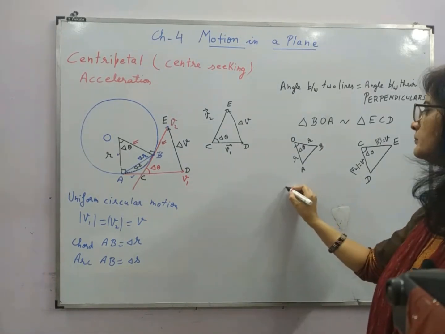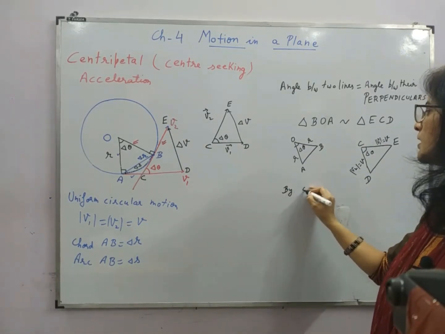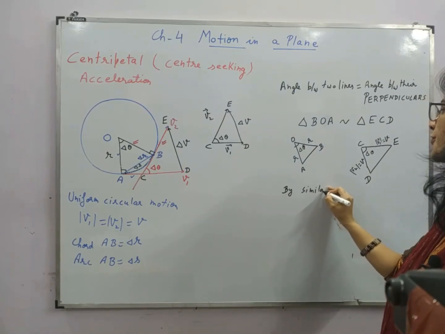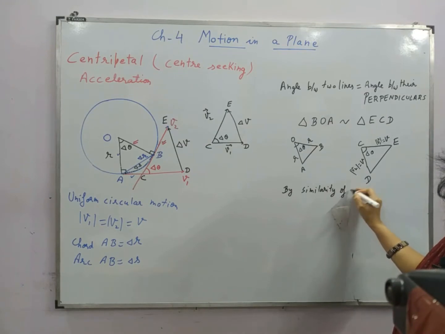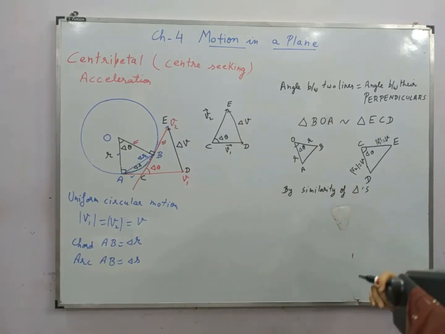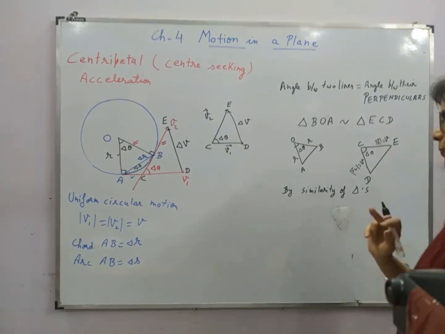So by similarity of triangles, I can write that the sides are also proportional.